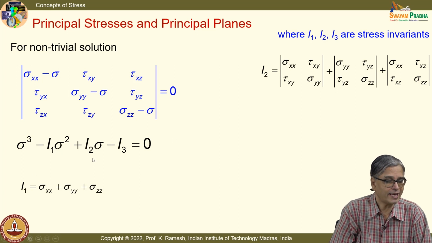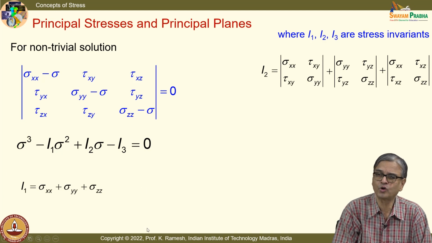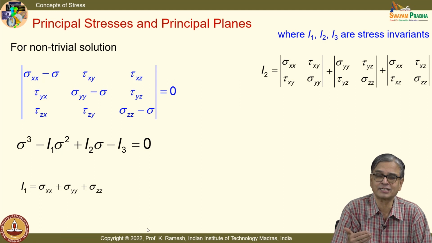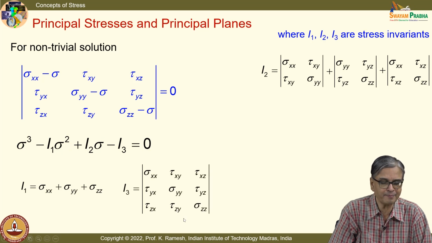What I have said is, when I say this determinant should go to 0, I should get sigma cube minus I1 sigma square plus I2 sigma minus I3 equal to 0. I1 is straightforward, no computation involved. I2 you have to write down the expressions. Similarly, I3 also you have to write down the expression, and I3 is the determinant of the complete matrix like this.